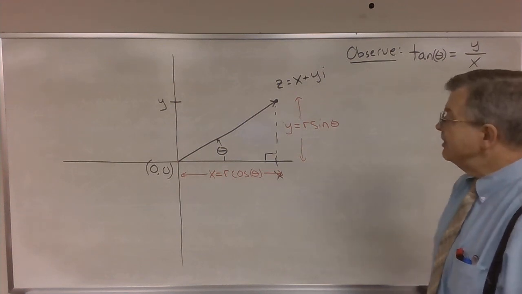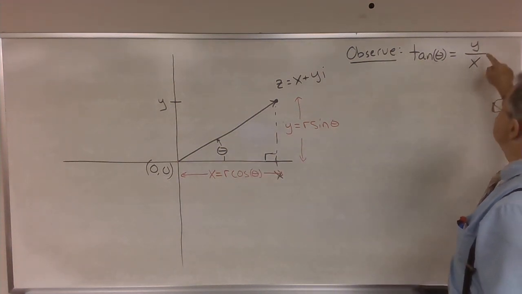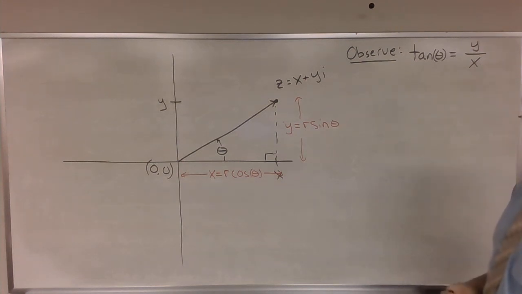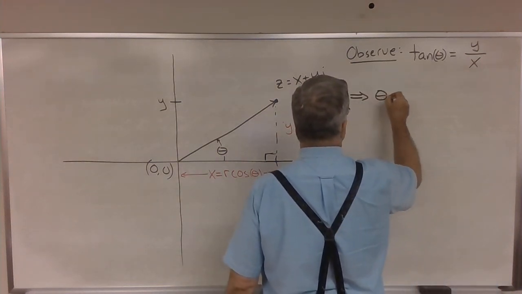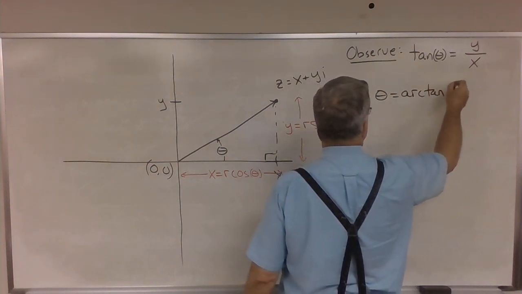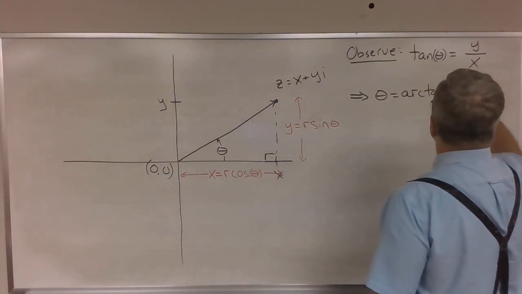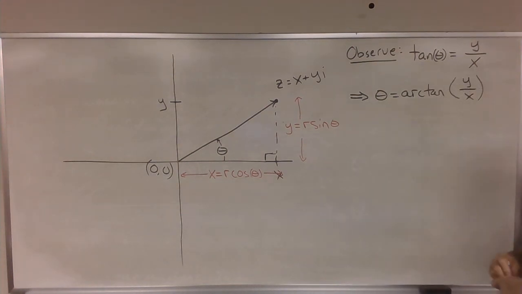So we can say that the tangent of this angle theta is the opposite over the adjacent, y over x. Well, if that's the case, then theta would have to be the inverse tangent of y over x. We just apply the inverse tangent to both sides to get theta.